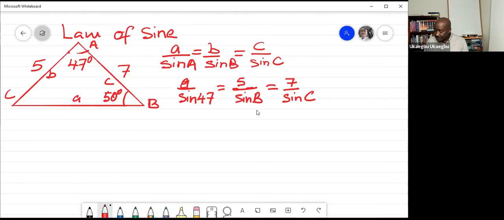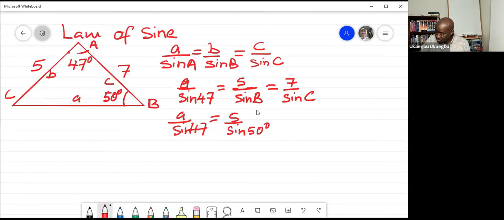All right, so now A over sine 47 is equal to 5 over sine 50 degrees.